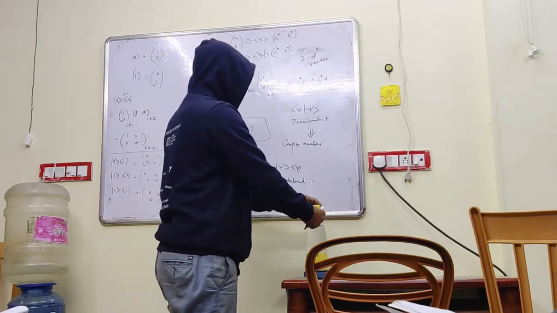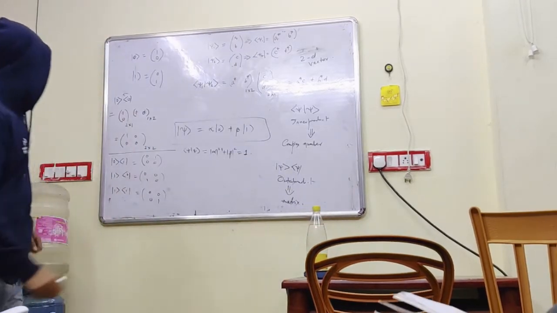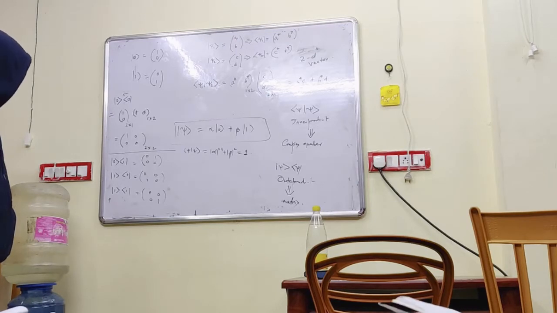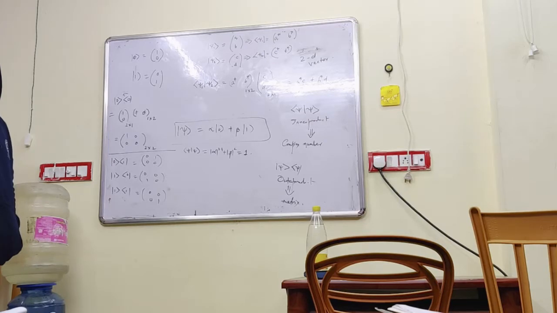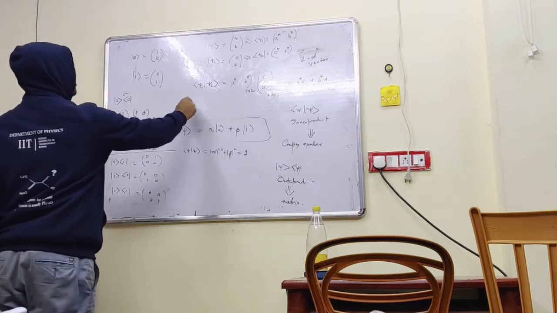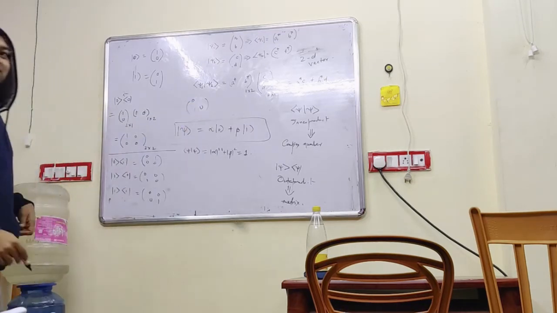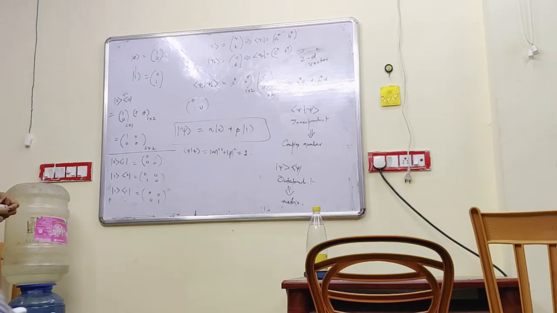Now, out of these 4, if you add any 2, you get an identity matrix. Which 2 are they? First and last.